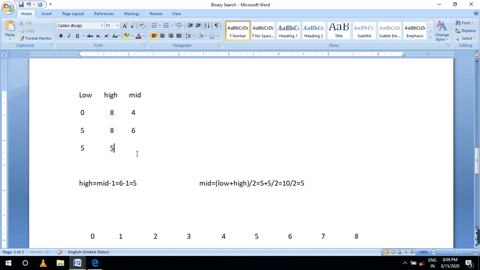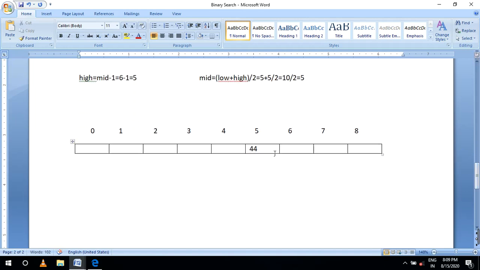So the low value is 5 and the mid value is 5.